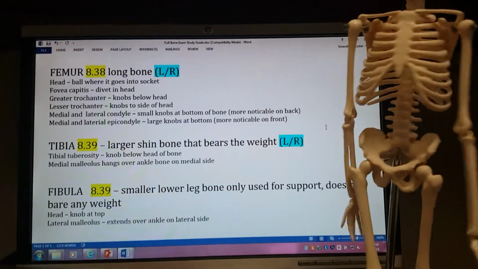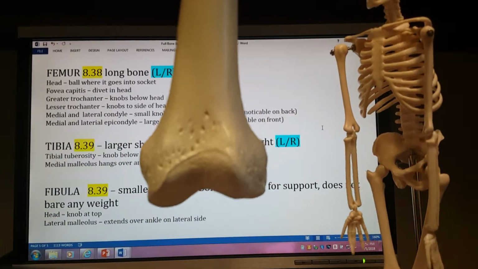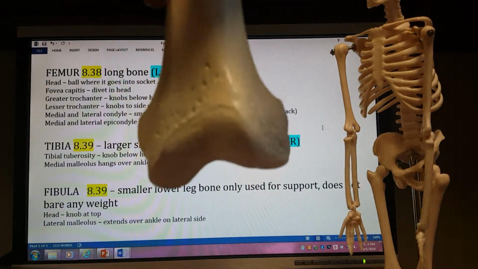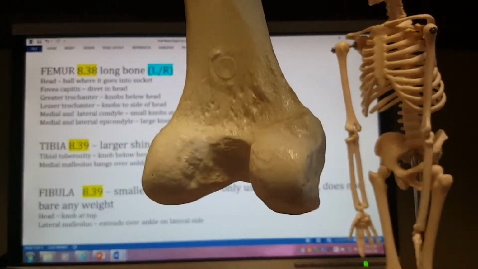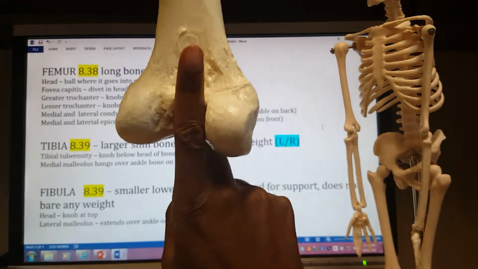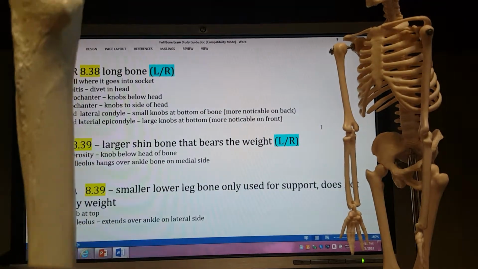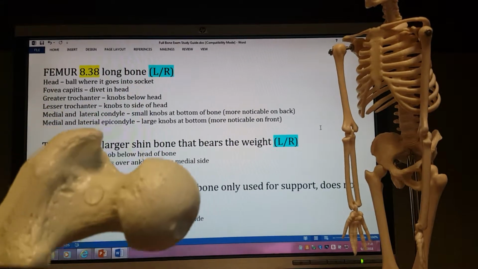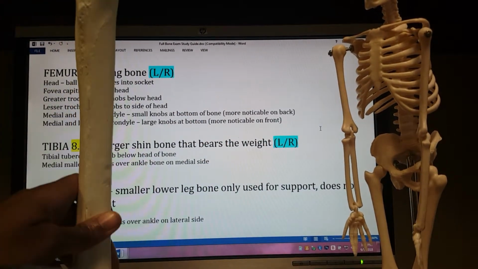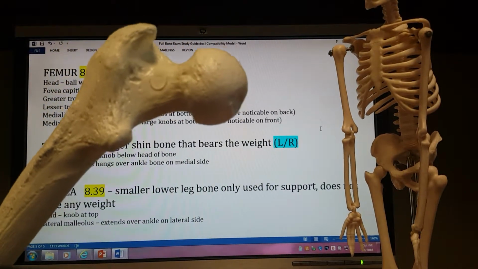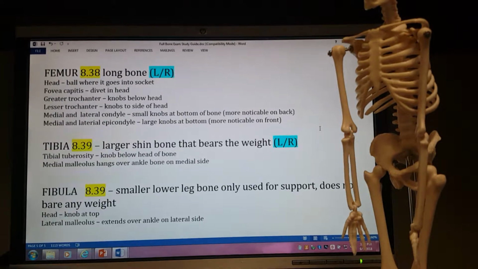And then to tell which side is the front or back, at the bottom of your femur where you're making your knee joint, you have another big divot in your bone, also going to face on the back side. So here's our back one, going to the bottom of this. This is going into our hip, so therefore this would be on our left side, so a left leg femur.